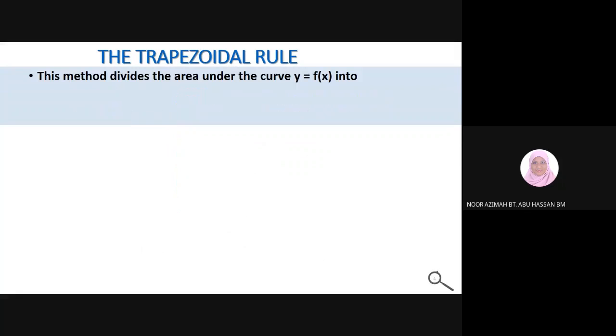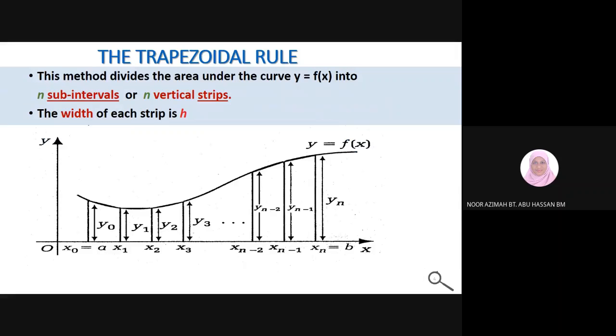Now, with this method, we divide the area under the curve, meaning that we build a lot of rectangles under the curve. This is our x equals a, and here is x equals b. There can be a lot of vertical stripes.